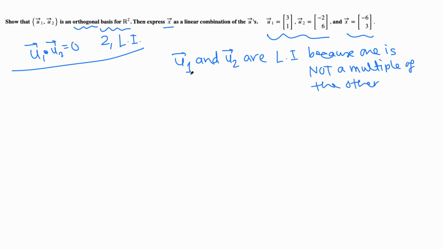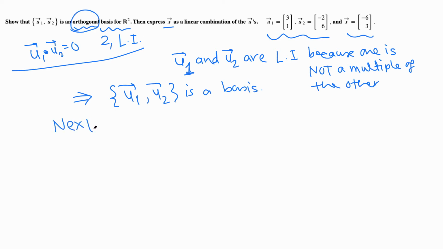So they are linearly independent, and we have two vectors, so two linearly independent vectors. This implies u1, u2 is a basis. But we need to show an orthogonal basis.